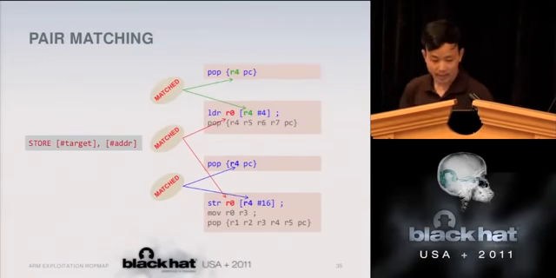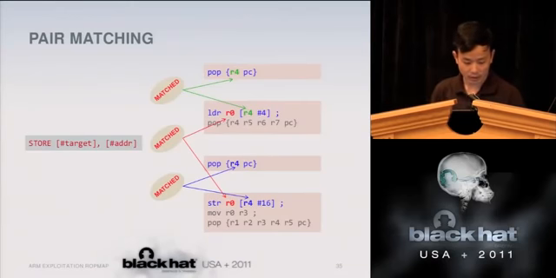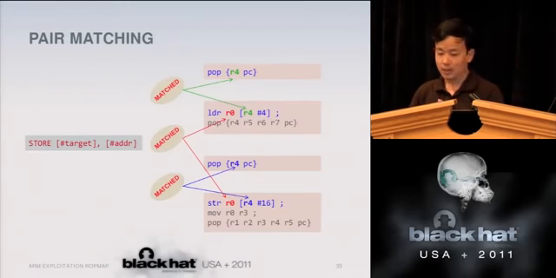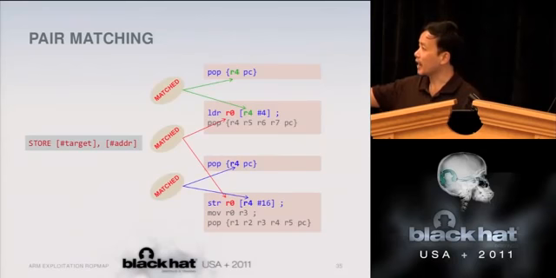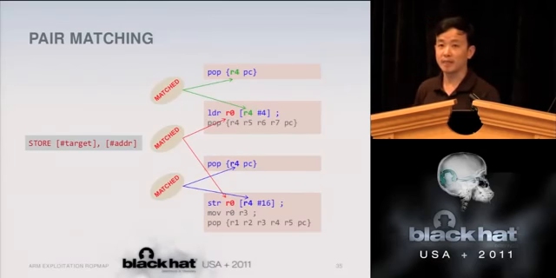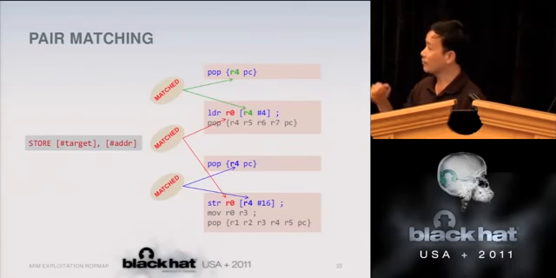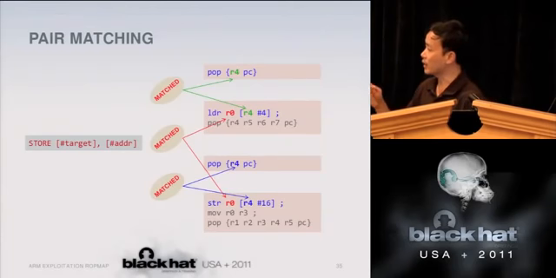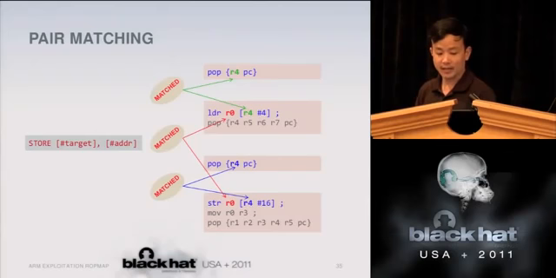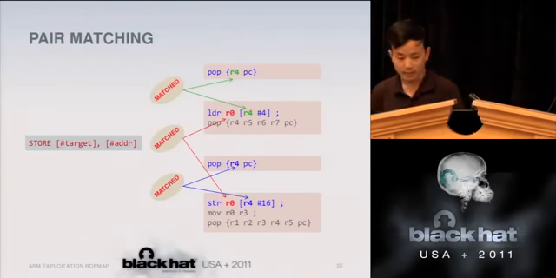Here we see an example of the store instruction. We want to store a value, referred to by an address, to the memory pointed to by the target. The last instruction will be STR to store a value, so here we have STR R0 to R4 plus 16.